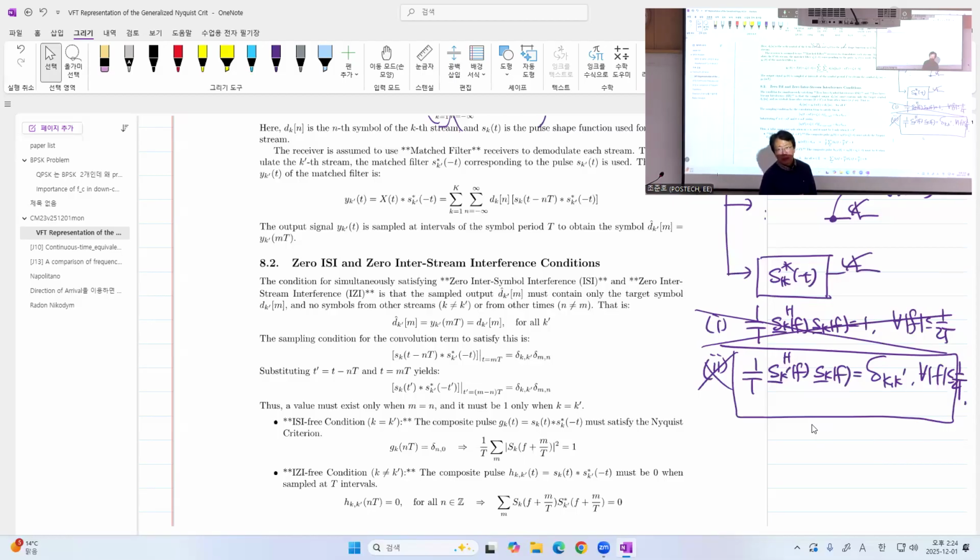Uncountably infinite. So theoretically, this criterion looks beautiful, but many people who thought about doing research in this area hated it. They said, hey, it's just a theory with uncountably infinite frequencies, which we may not handle. And to obtain the vectorized Fourier transform, how can we use an ideal low-pass filter, something like that.